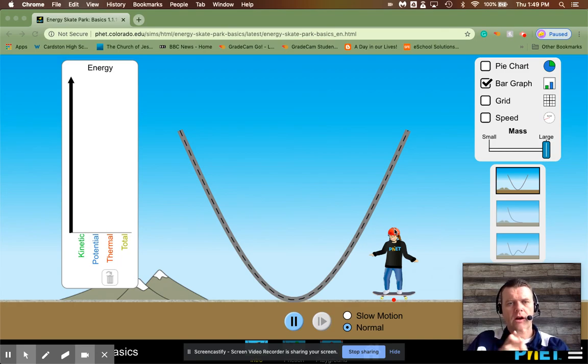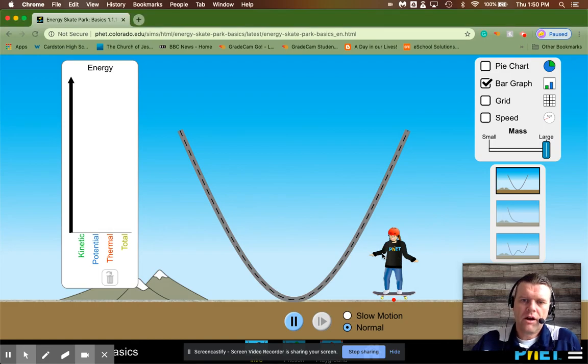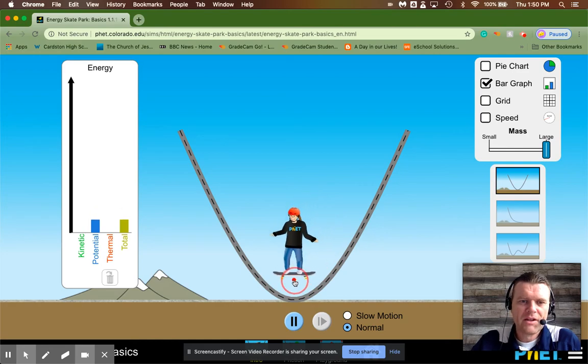Energy is quite fascinating, and I want to show you this animation before I review the notes. This is called the skateboard park, and you'll notice that I can measure the kinetic, the potential. I can even measure thermal energy due to friction, and the total energy of this skateboarder.